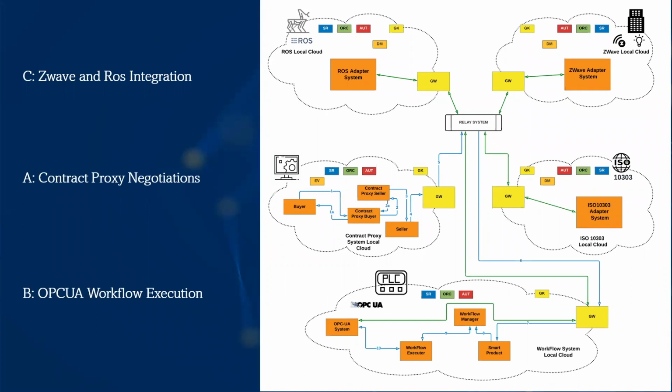Here we can see that the sequence starts from the buyer in the contract proxy system local cloud. The buyer requests the contract proxy buyer for asking the negotiation to the contract proxy seller, and then when there is an agreement between the contract proxies, the seller generates a workflow order to the workflow system local cloud.